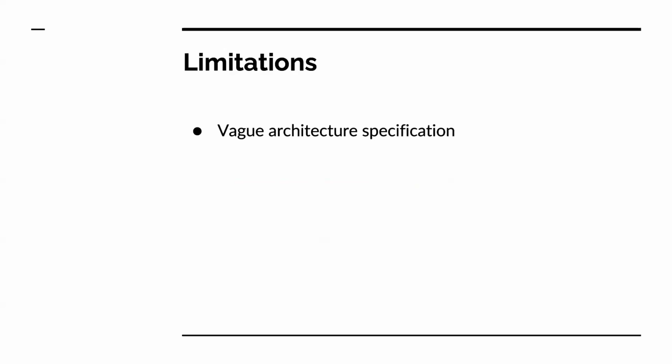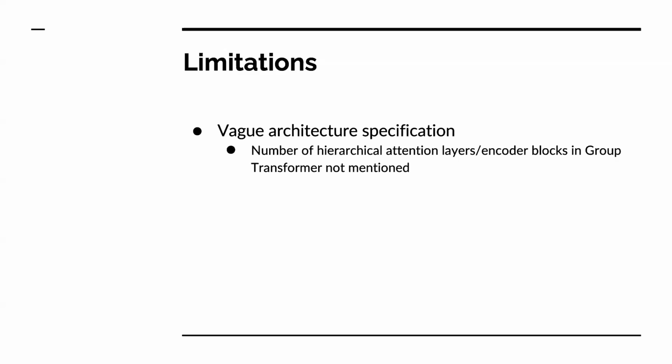Limitations. So when it comes to the HiCLIP paper, the problem with that paper is they don't specify the architecture, the number of hierarchy-aware attention layers that it has in any given encoder block. And secondly, the implementation is unavailable.